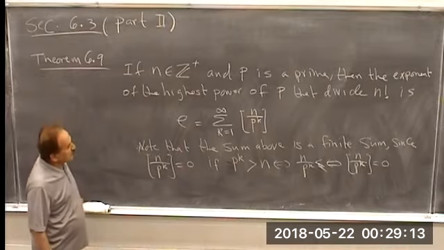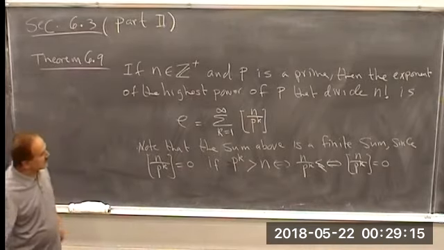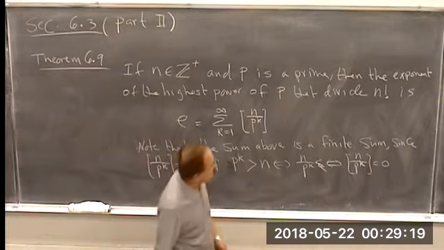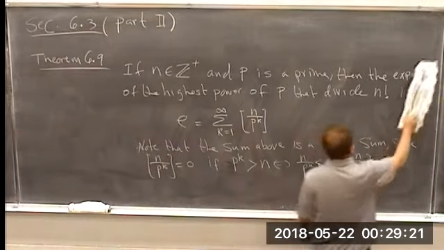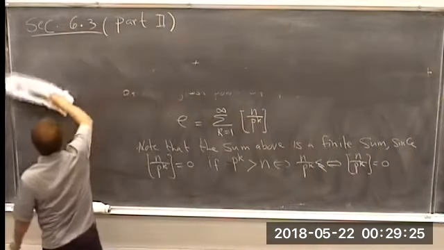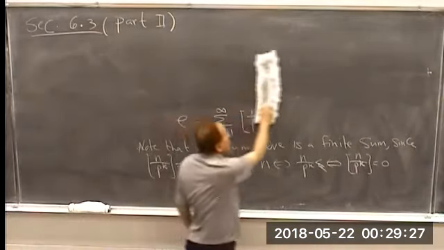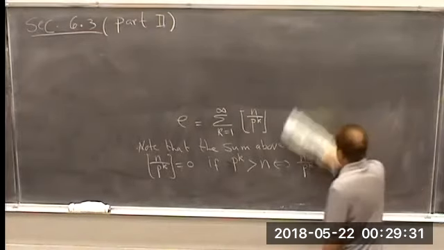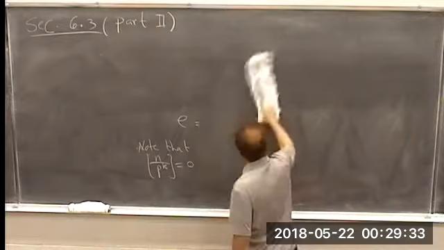All right, and the proof pretty much follows the same as in the example. What we're going to do is look at the integers from 1 to n and count the number of multiples of p till we reach n.